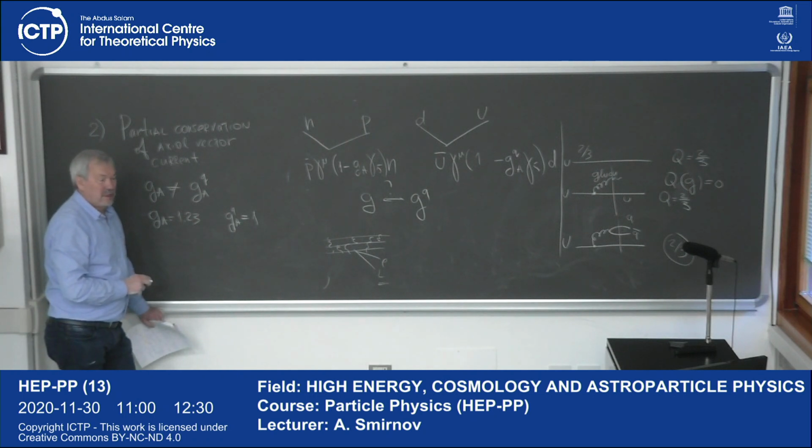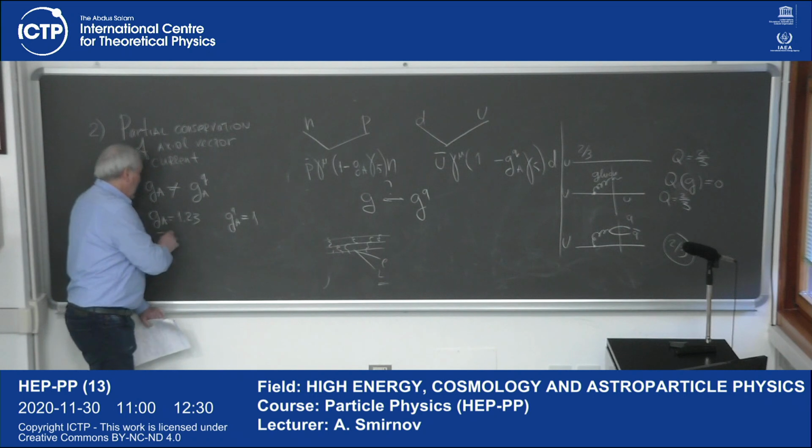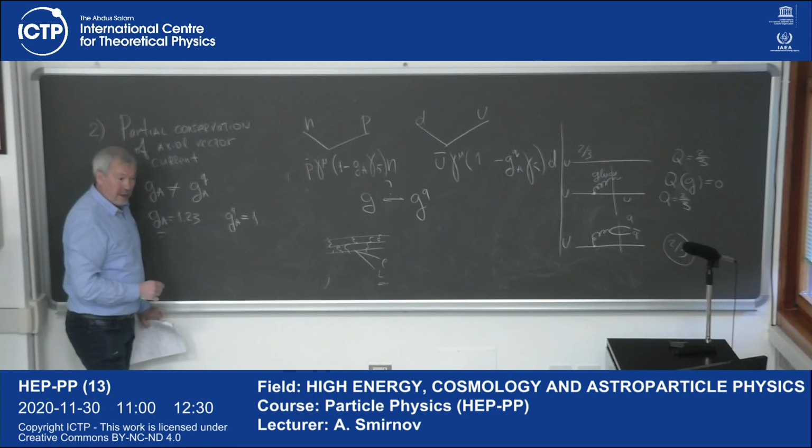For instance, if we discuss some beta decays of not neutron but some nuclei, this GA becomes different. And this is actually a very non-trivial and big issue even nowadays, to have the theory of this GA for different nuclei. It's also an important experimental issue, by the way.